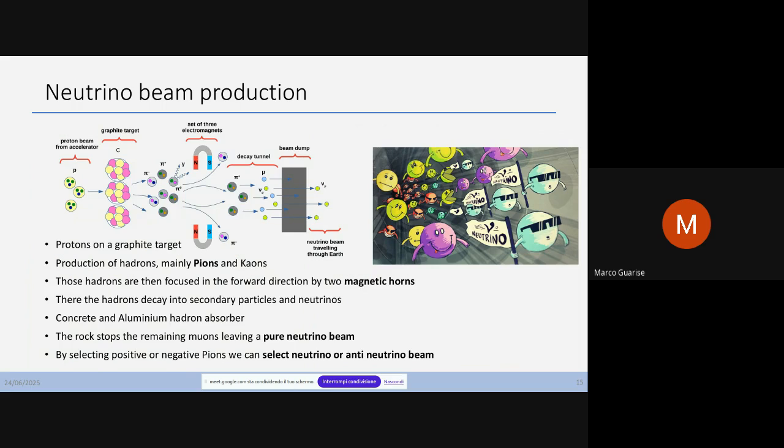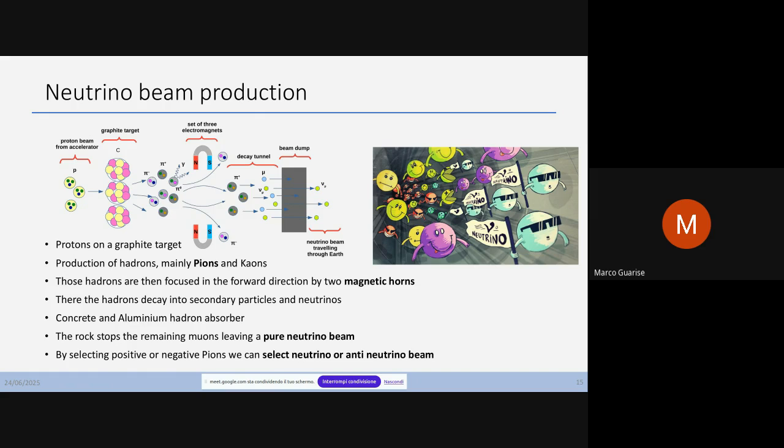Then there is the production of secondary particles, especially pions and kaons, and we will exploit the pion decay, which ends in muons and anti-muons and anti-neutrino or neutrino, depending on the charge of the pions.